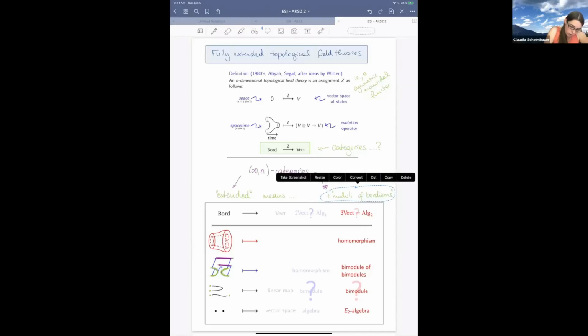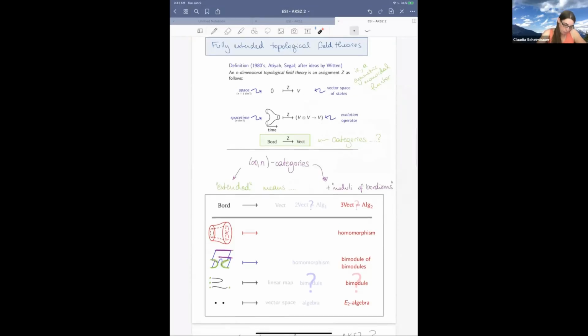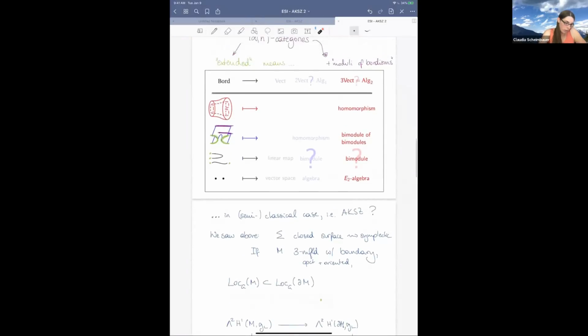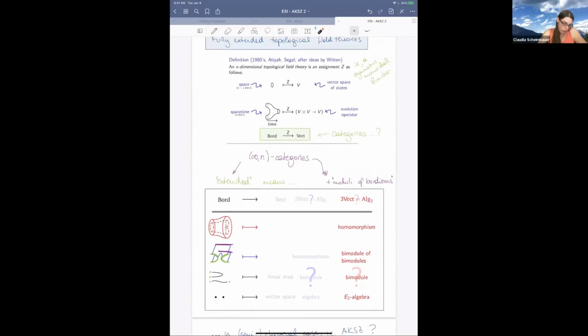So for example, in this case here, we don't just have our top dimensional cobordisms, but we actually have the full information about the moduli space of these cobordisms.